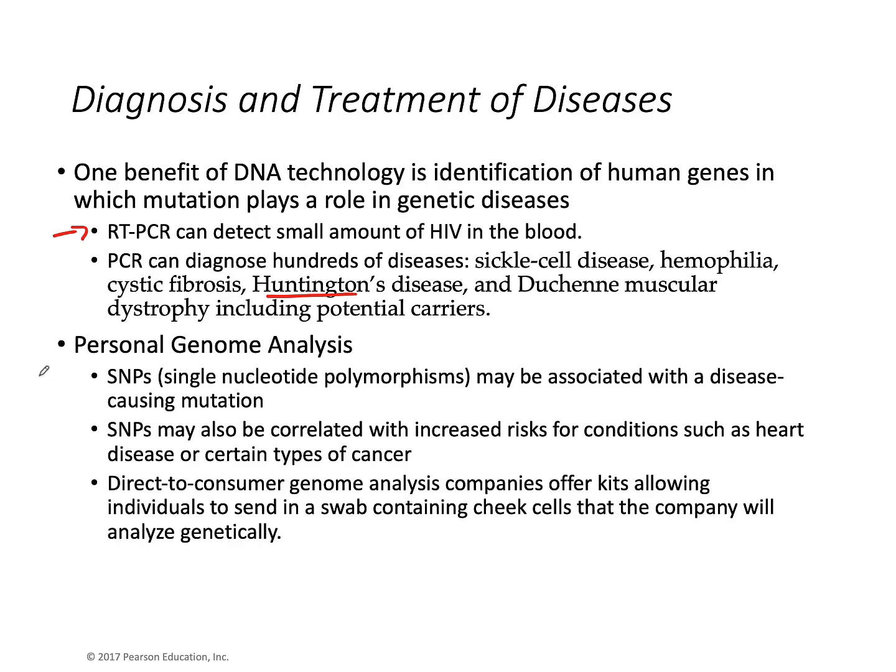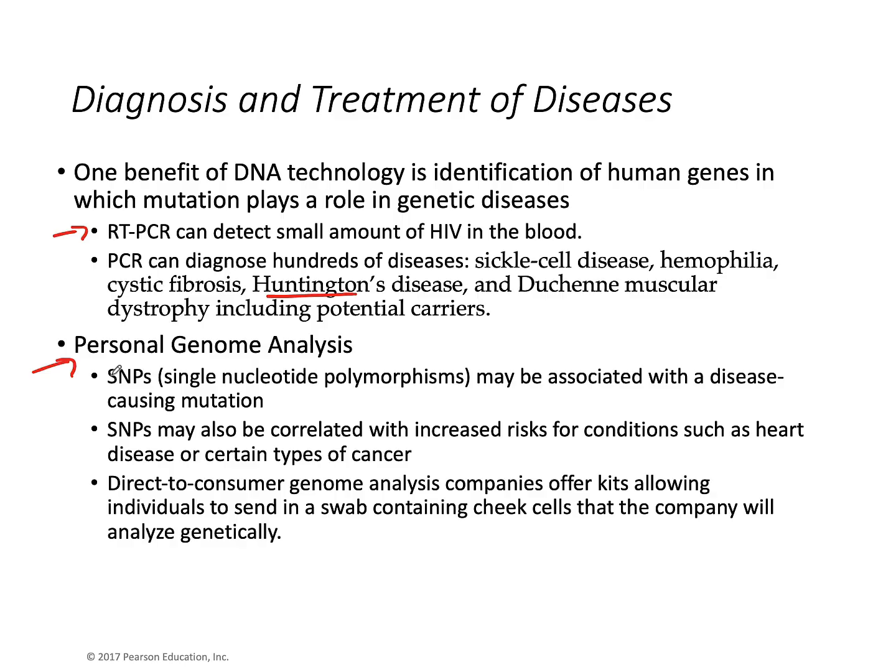We also use diagnosis for personal genome analysis. We know of many SNPs, or single nucleotide polymorphisms, that are associated with specific diseases. Things like heart disease or certain types of cancers have increased risks if you have certain genes. So we can run genome analysis, and we can do this now for $100.